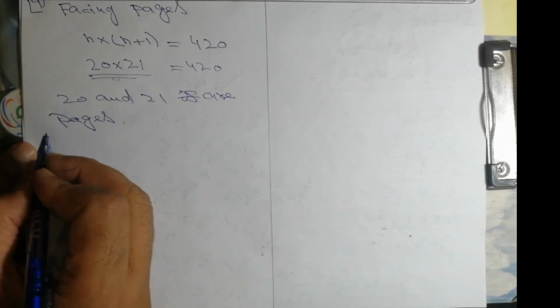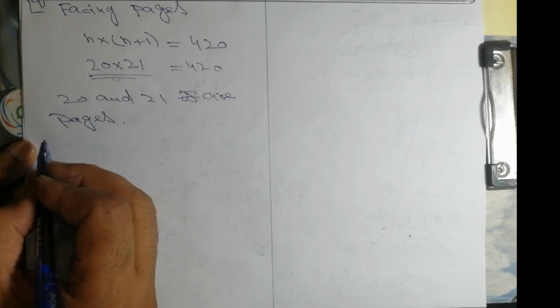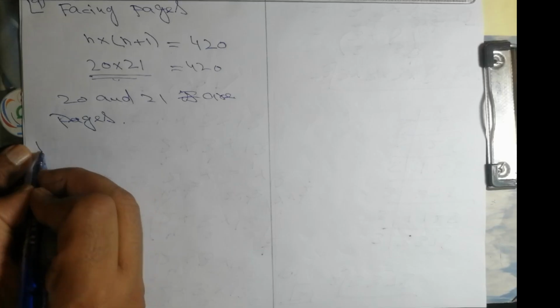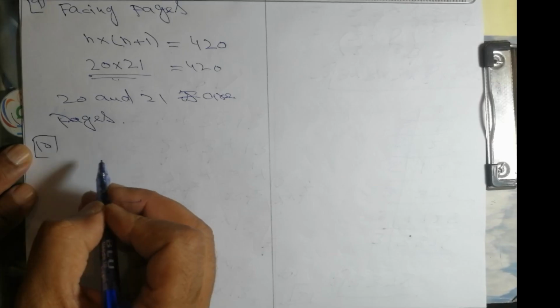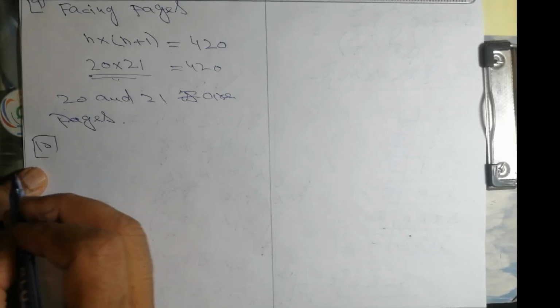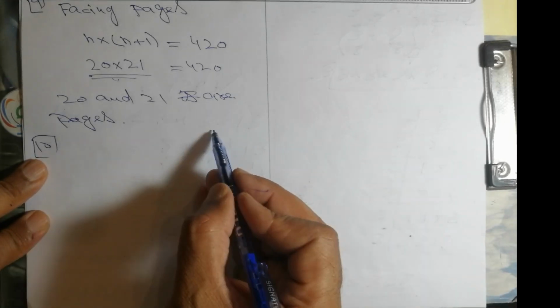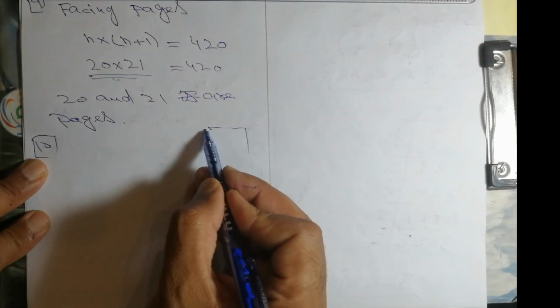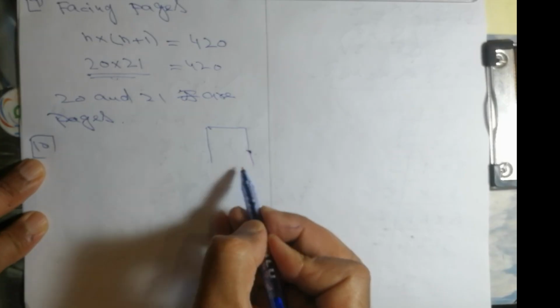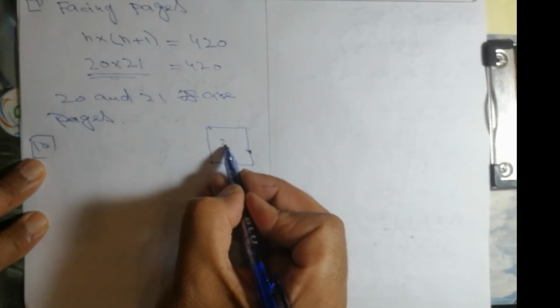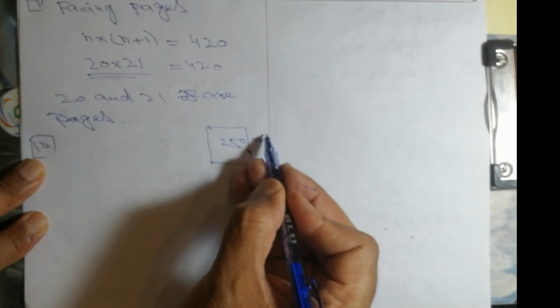Next is question 10. The area of a square photo frame is 250 centimeters square. So a square photo frame is like this, and its area is given, that is 250 centimeters square.